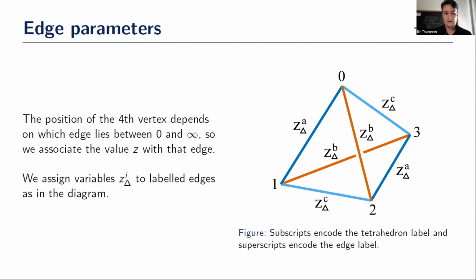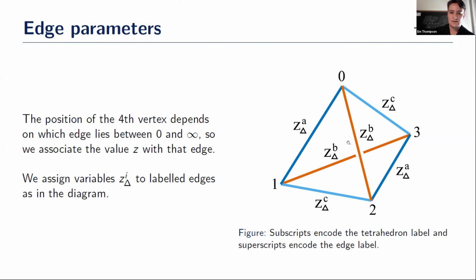I could say a whole lot more about these edge parameters, but for simplicity today, I'm just going to dictate that if we have a tetrahedron, we label the 4 vertices 0, 1, 2, 3. And I'm going to say that these 2 opposite edges are associated to this variable Z_A.